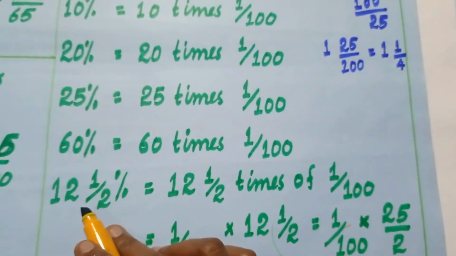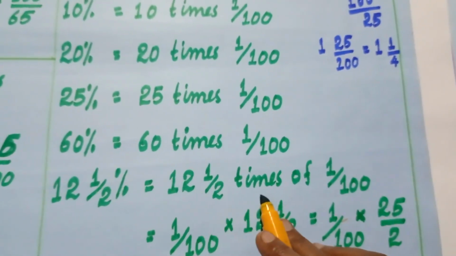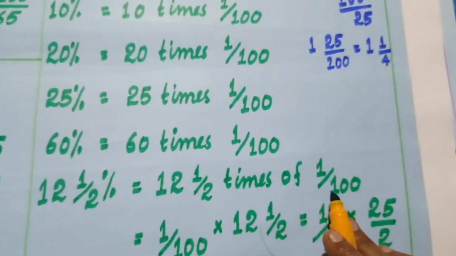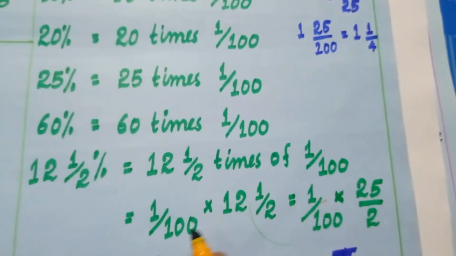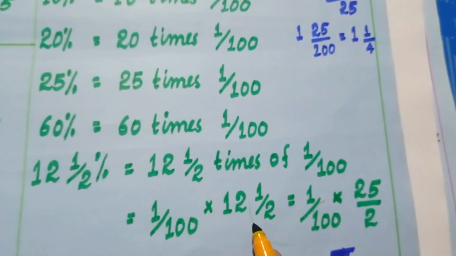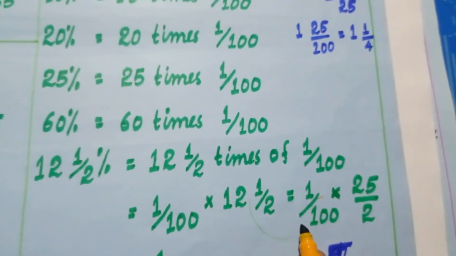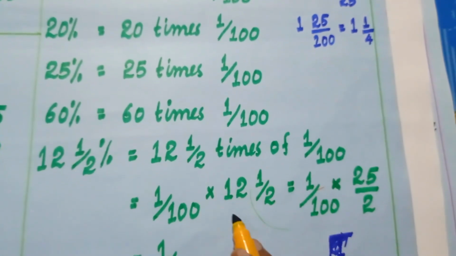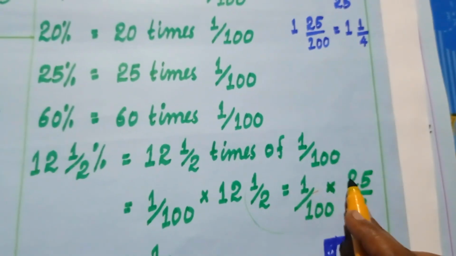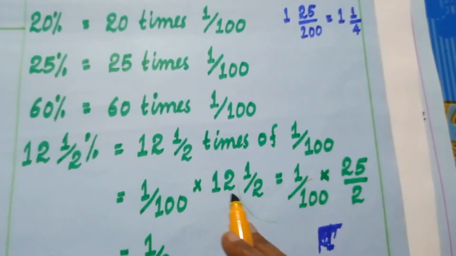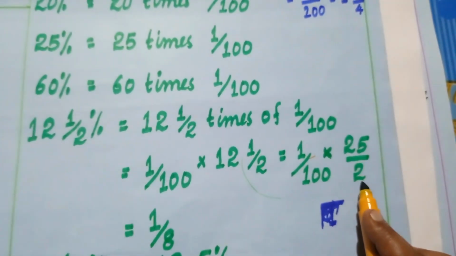Then what about 12 and 1 by 2%? Yes, 12 and 1 by 2 times of 1 by 100. Then 1 by 100 into 12 and 1 by 2. 12 and 1 by 2 can be written as 25 by 2, as 12 into 2 is 24, 24 plus 1 is 25, so 25 by 2.